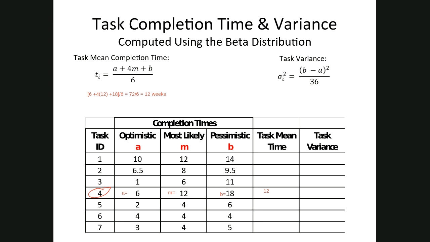If you'll notice in the numerator, that's 12 squared, which is 144, divided by 36.